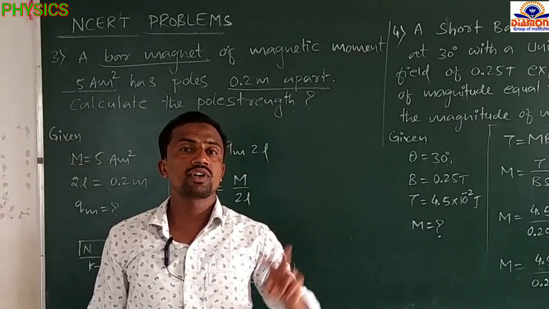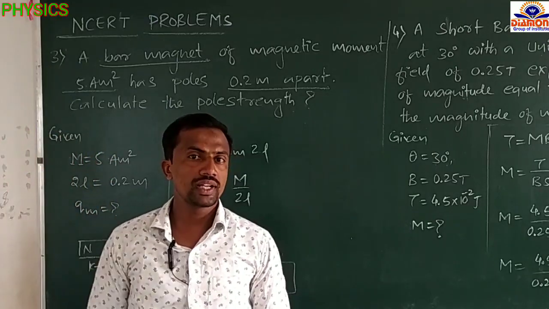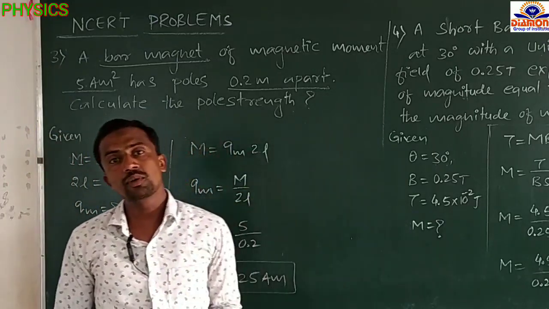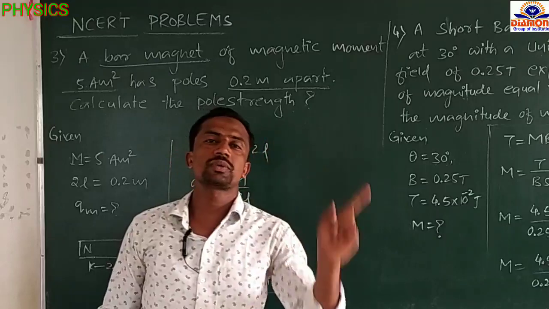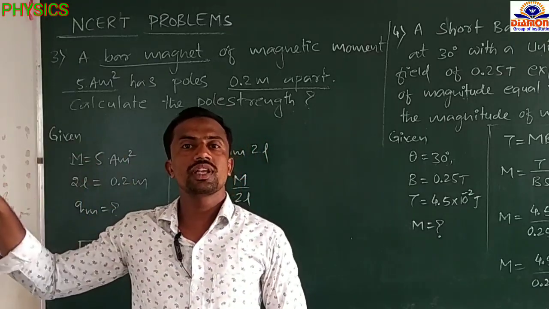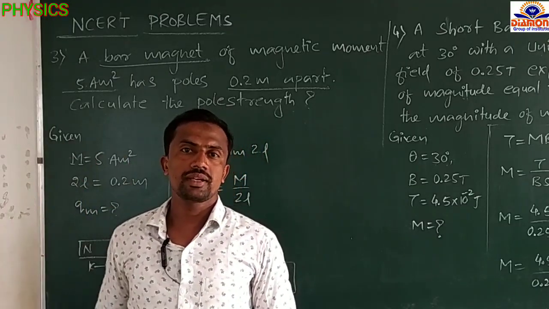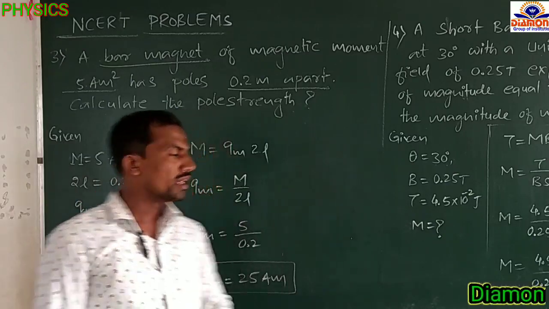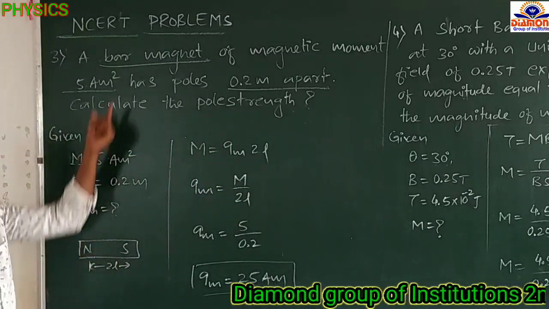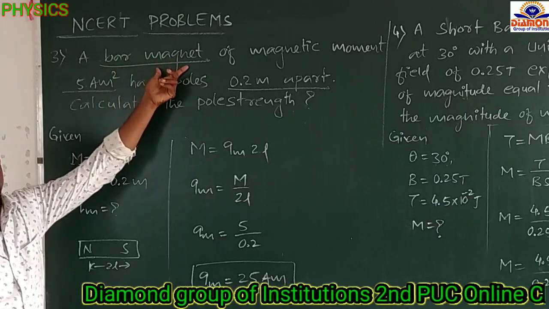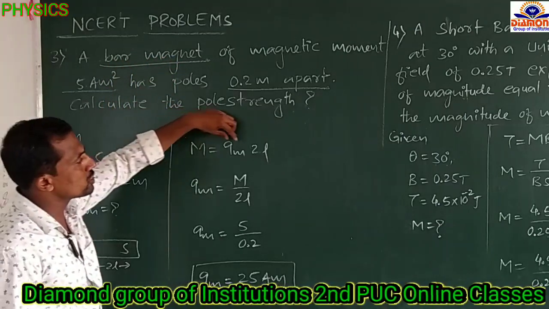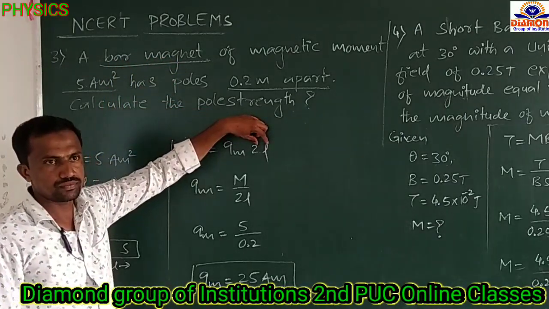The magnetic dipole moment formula is M equals QM into 2L. Another one, for a circular loop, is M equals I into A, the product of current and area. But in this case, a bar magnet, so the formula is M equals QM into 2L.